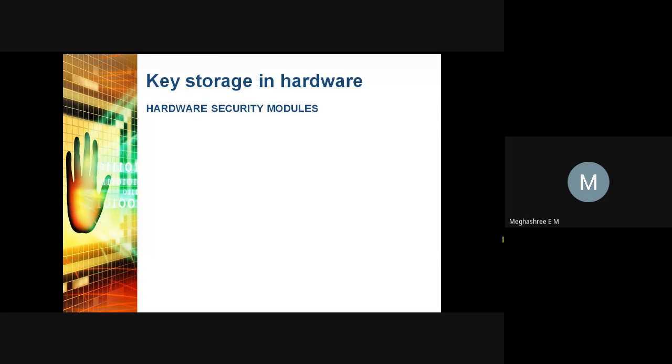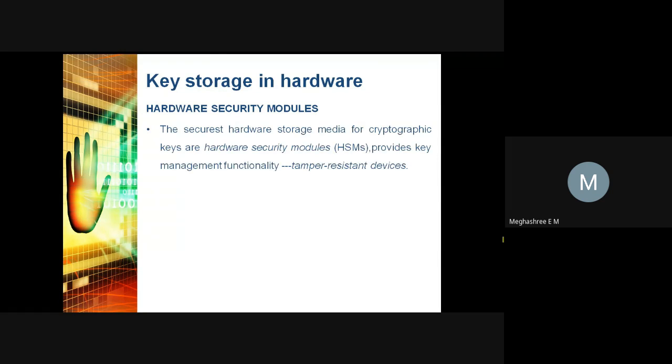The key storage is done in hardware, which is nothing but a hardware security module. This is a very secure place where you can store the keys, and it provides management functionality as well. It is also known as a tamper resistant device.